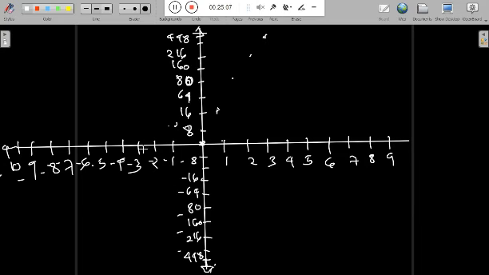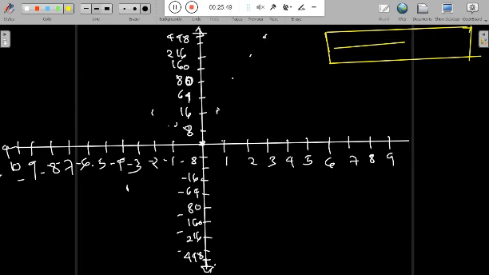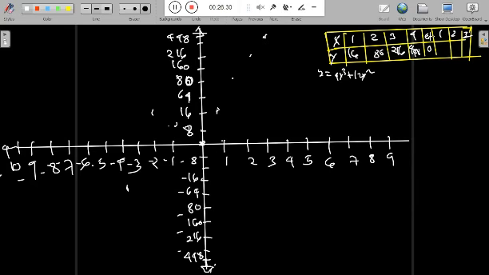So when you sketch out the graph, 1, 8, then 2, 16, as you go upward, the graph will go into this point over here. Remember that we had the given values of x and y, and we have 1, 2, 3, 4, 5.